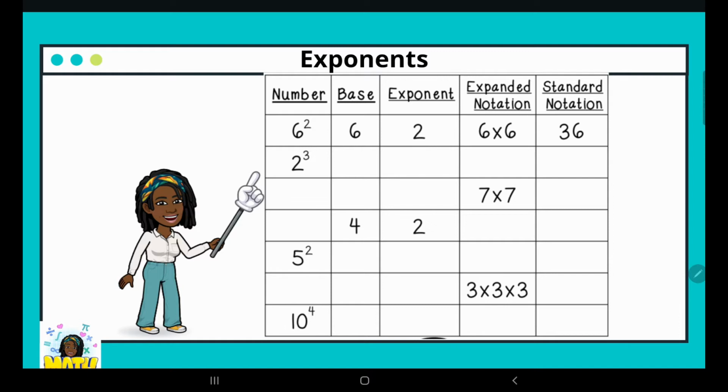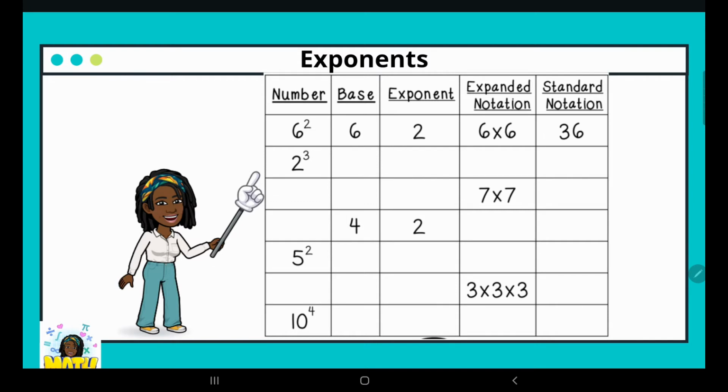Now let's go ahead and take a look at a few examples. So here it's asking me to explore the number, identify the base, the exponent, expanded form, and standard notation. Now here, expanded form just means that I'm going to write out how many times a number is being multiplied, and then standard notation is my answer.